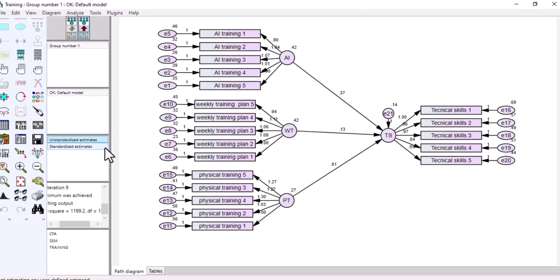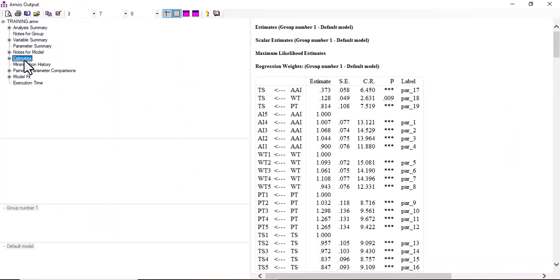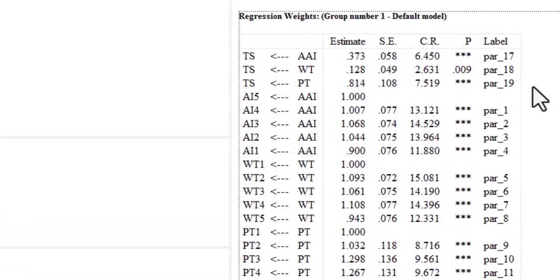So we can also now look at the results. We click on this tab here to check the results. So these are the results. If you click on the estimates, you see the results. What we are interested in is these three rows: row 1, row 2, and row 3.